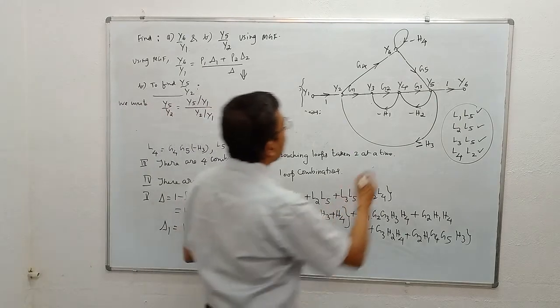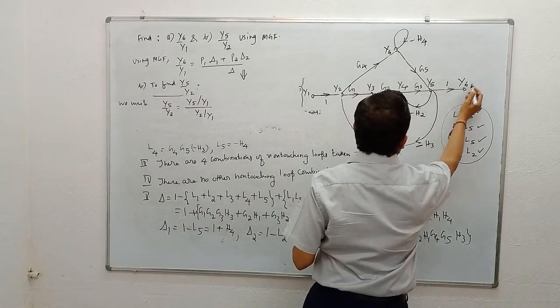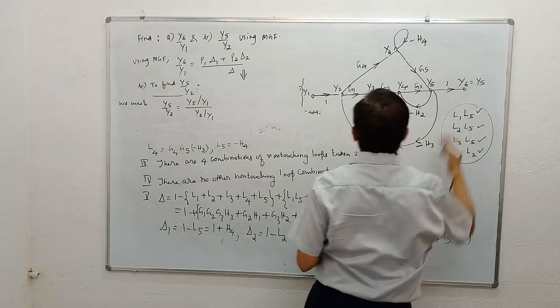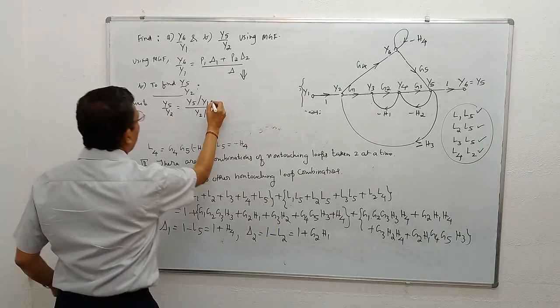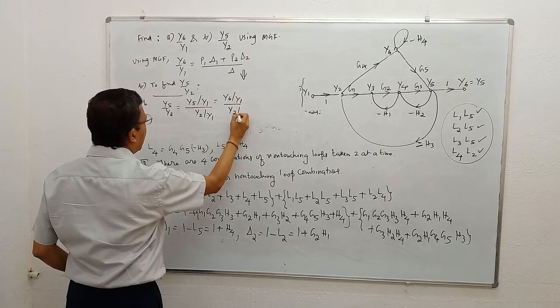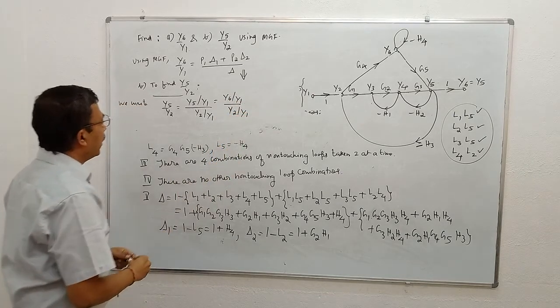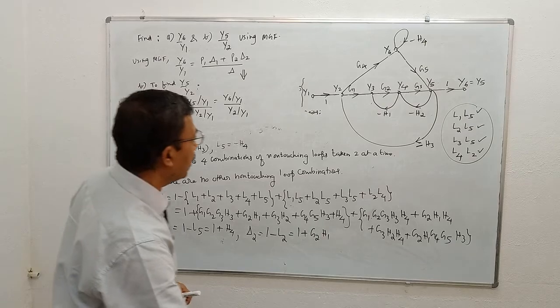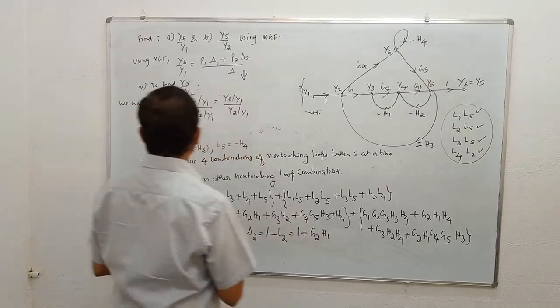Actually y5 into 1 is equal to y6, so y6 is nothing but y5. So y5 by y1 is nothing but y6 by y1 divided by y2 by y1. Next I'll teach you how to find y2 by y1.